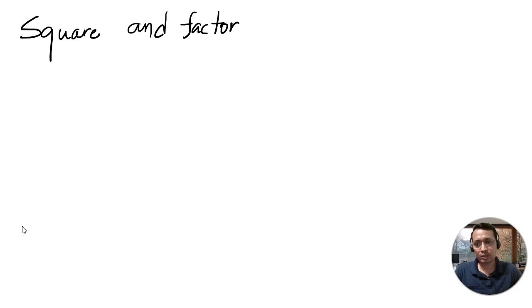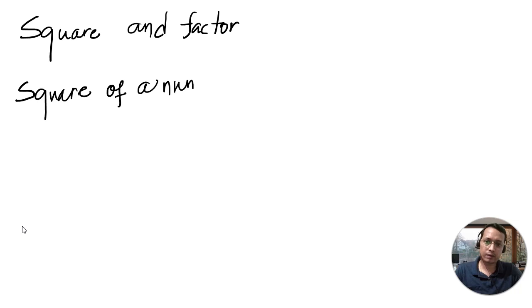When I talk about the square of a number, that means I multiply that number with the same number. So if I ask what is the square of 5, the answer is 25, meaning 5 multiplied by 5, which is 25.